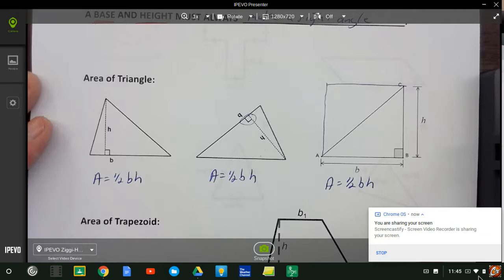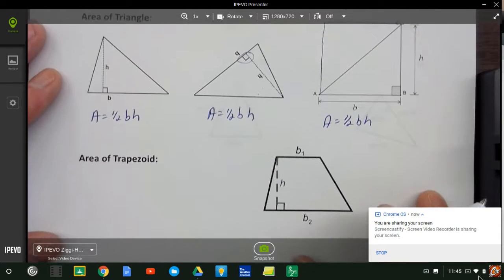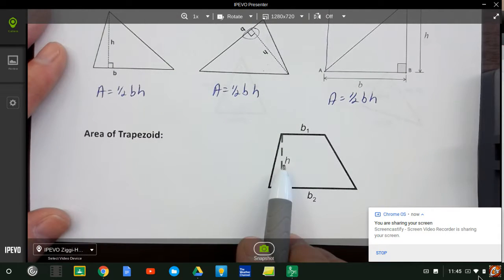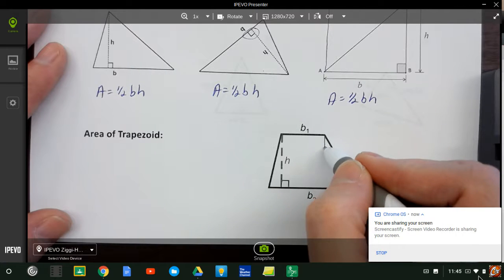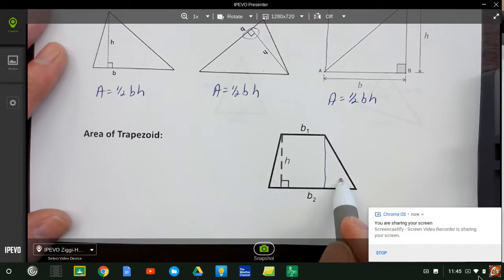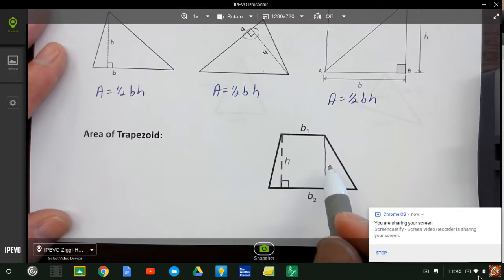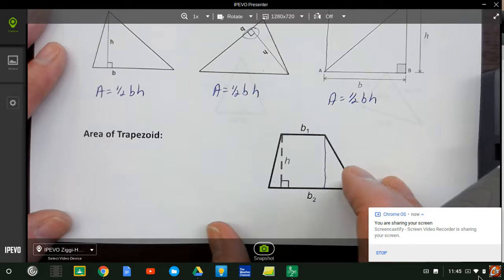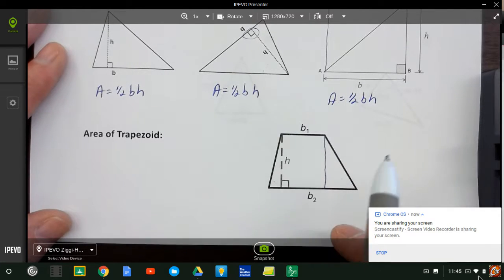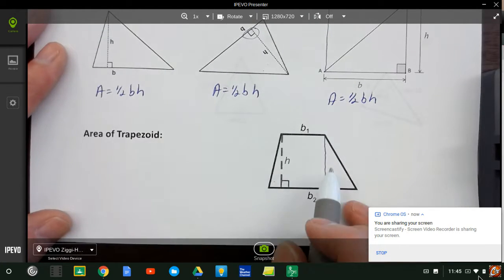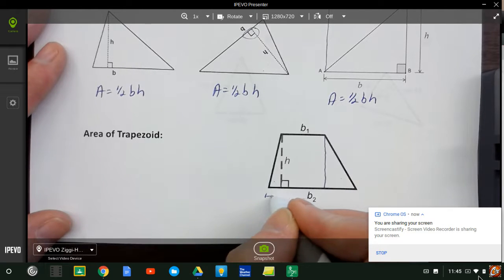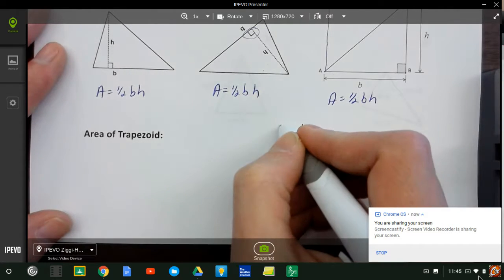Okay? Getting into more complicated figures, a trapezoid. Trapezoid, you could do a couple things. You could break this up so that you have two triangles and a rectangle on the inside. And sometimes that's necessary. We call that dissecting a figure, breaking it up into easier figures like triangles and rectangles. Sometimes you want to do that. Sometimes, though, I could just say, hey, I've got this entire base and I've got this base.